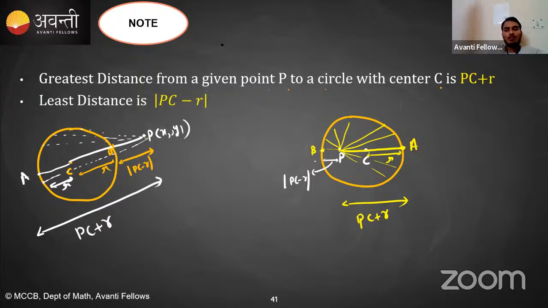So it doesn't matter if the point is outside the circle or inside the circle, the maximum distance is always going to be PC plus R. Minimum distance is going to be mod of PC minus R. That's it.